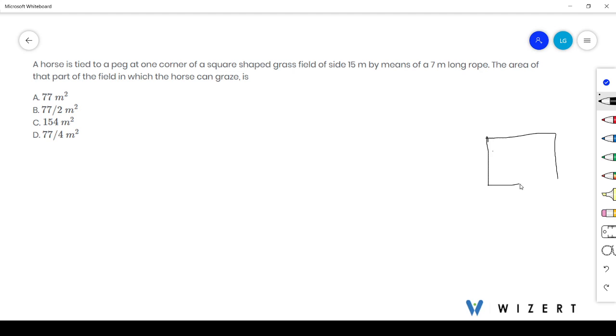Here, we have given that a horse is tied to a peg at one corner of the square.